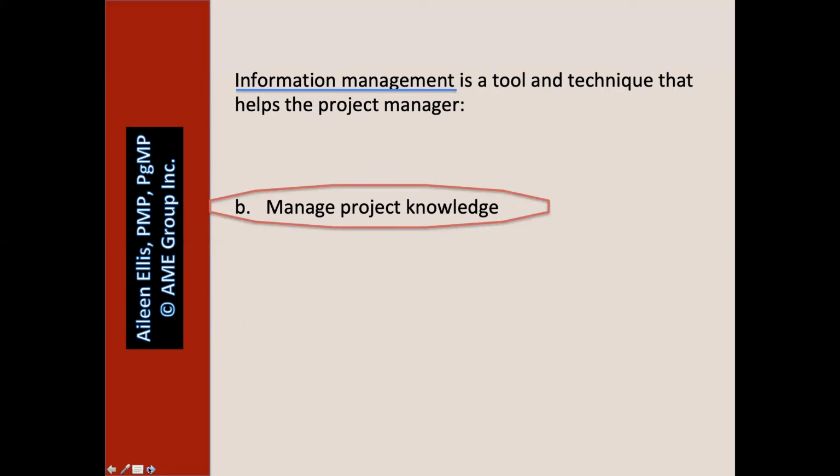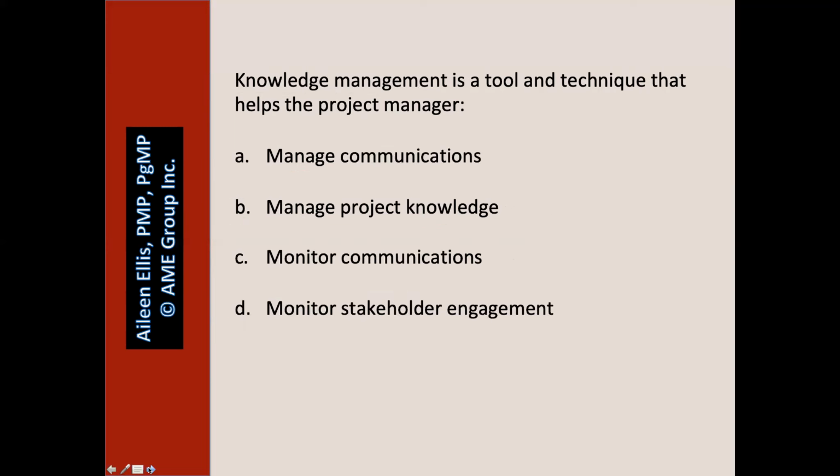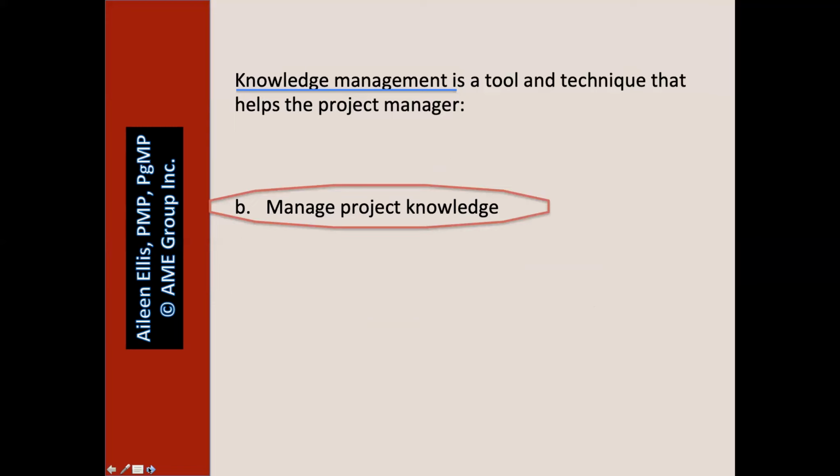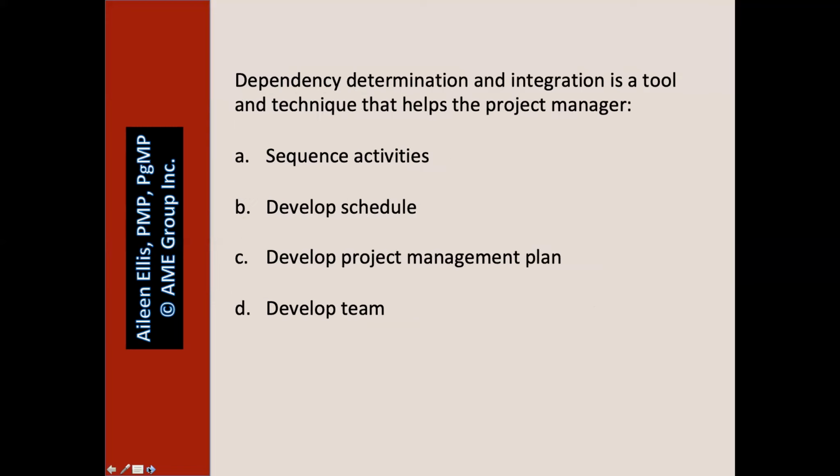Information management helps us manage project knowledge. I'm hoping this is an easy one. Knowledge management is a tool and technique that helps the project manager. Knowledge management helps us manage project knowledge.